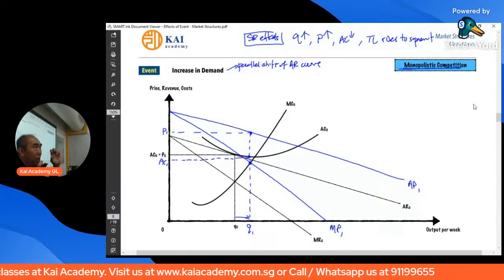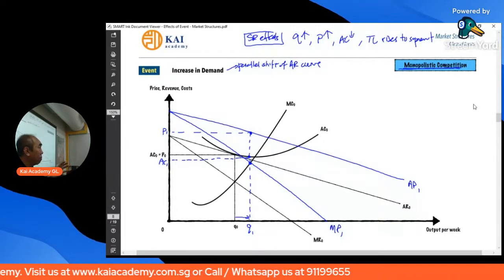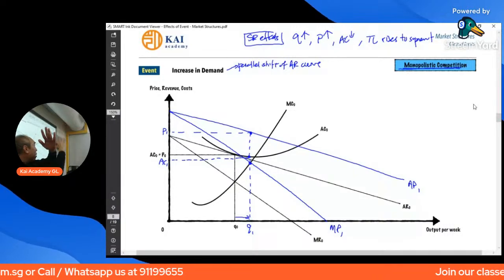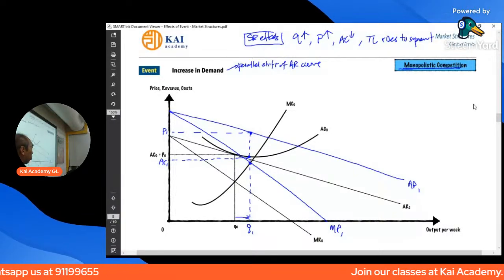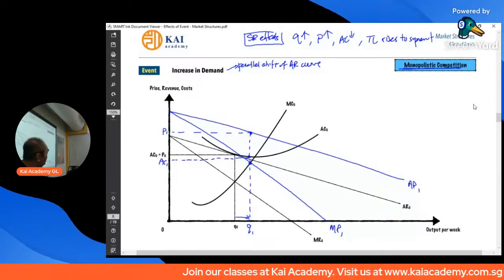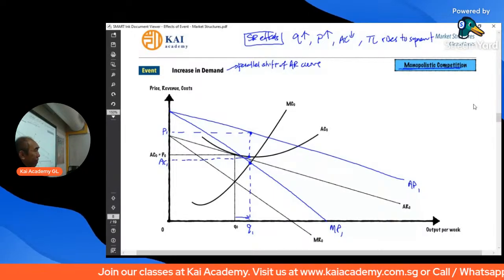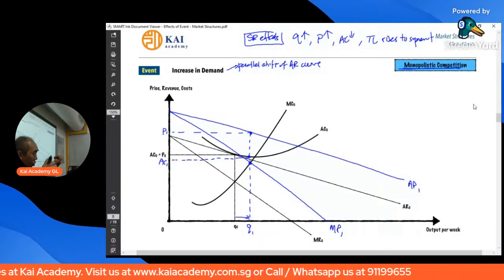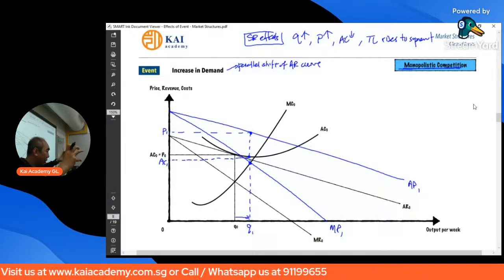As new firms come in, how do I show this on the diagram? In the perfectly competitive market, there's a market diagram that shows the supply curve shifting to the right. That's the whole industry. In MC, we don't have an industry level diagram, we only have the firm level diagram. Why don't we have an industry level diagram? It's because to get an industry level diagram, I need to sum together the output of each firm.